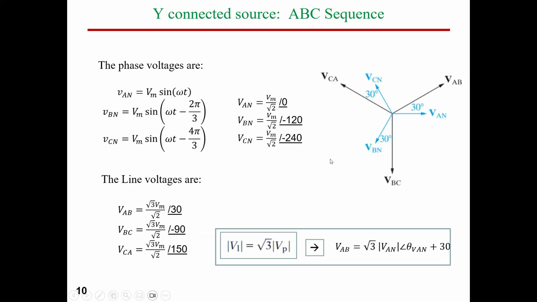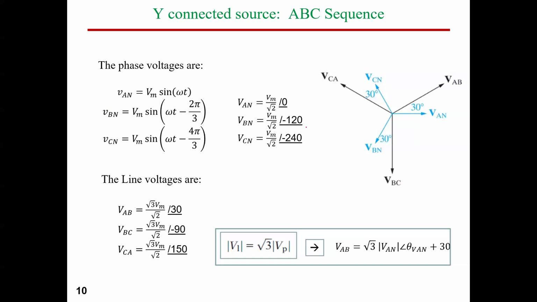If you would like to draw the phasor diagram, and this is very important in our course, we have to draw phasor diagrams for most of our topics. So you have to understand the concept of drawing a phasor diagram.